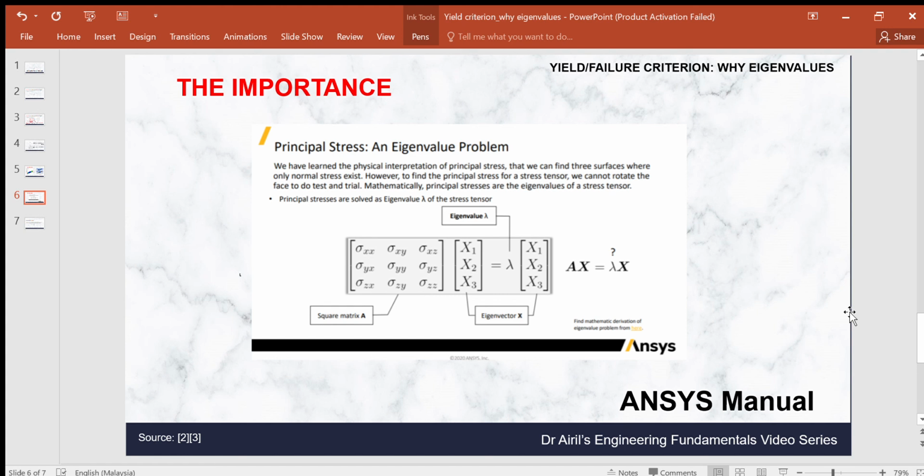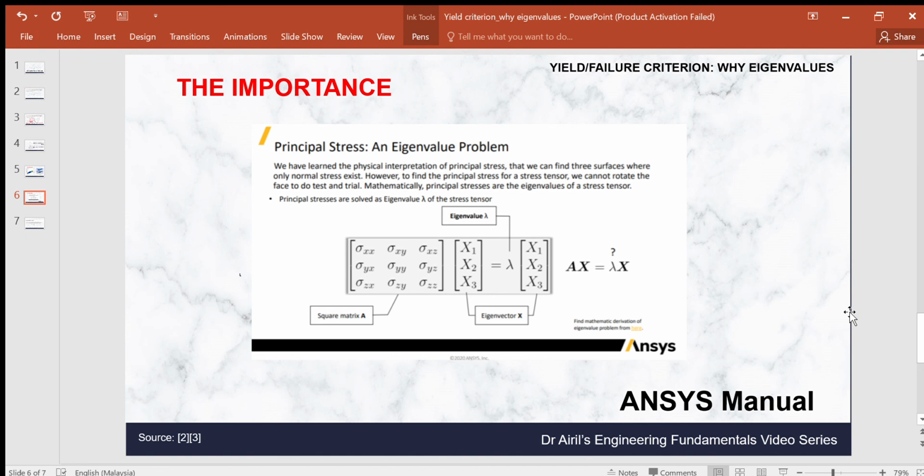And this is another evidence. I took this from the ANSYS manual, and it describes principal stresses as an eigenvalue problem. So by looking at this, we have the evidence that in ANSYS, determination of the principal stresses is based on the eigenvalue problem.